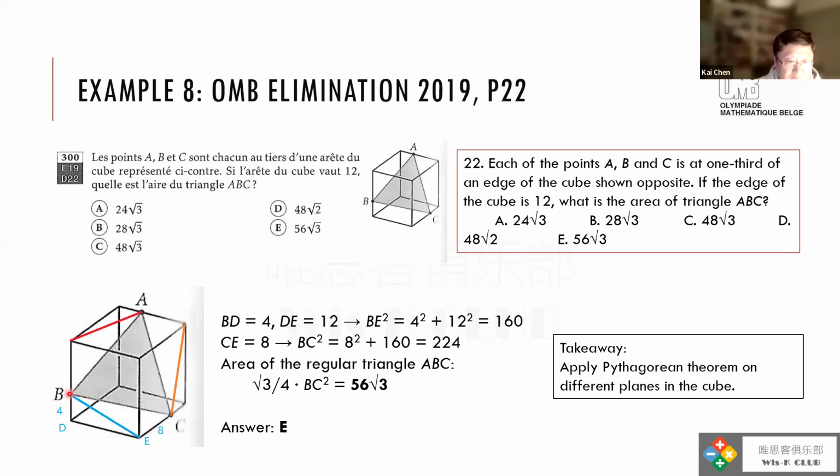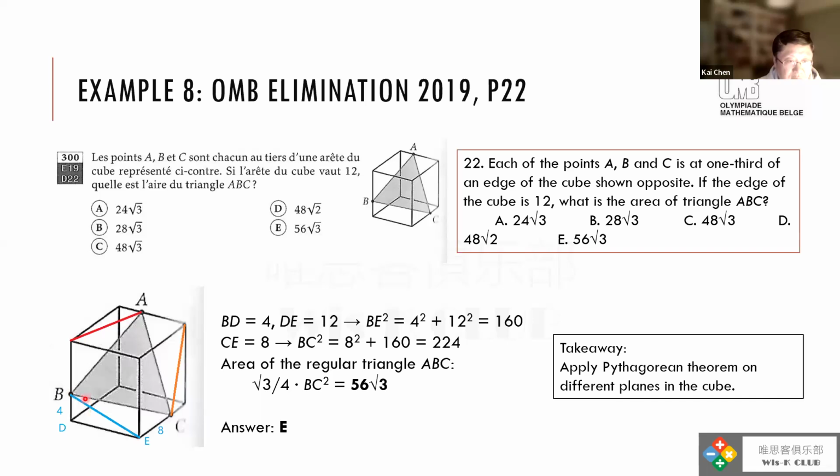So basically, this is a three-dimensional diagonal. So you see, this is also a right triangle. The BCE is also a right triangle where the right angle is the angle E, or angle BEC.